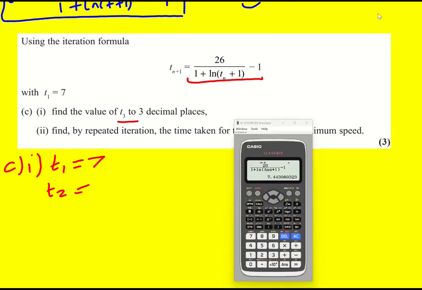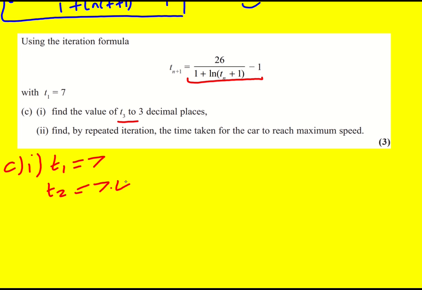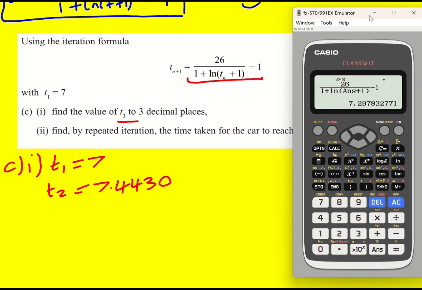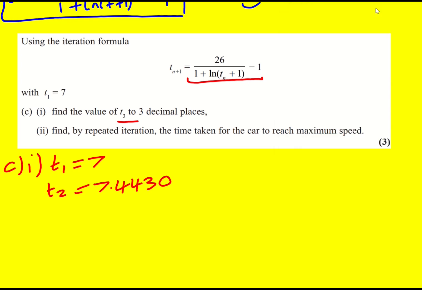So 7.4430. And let's press equals again to give us t3, 7.2978. Then to 3 decimal places, that's going to be 7.298.